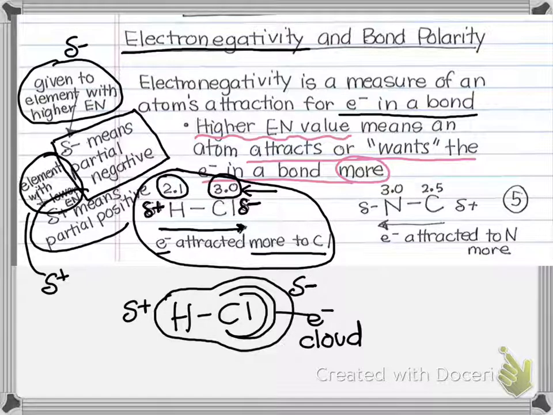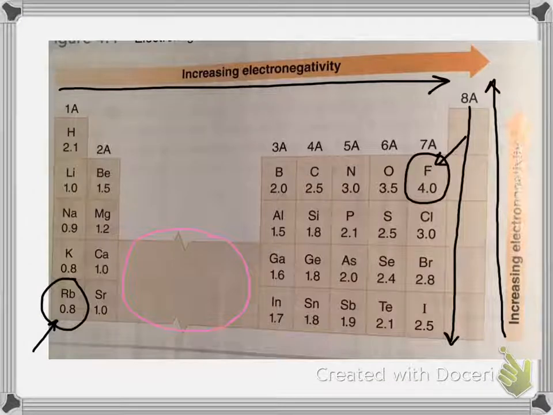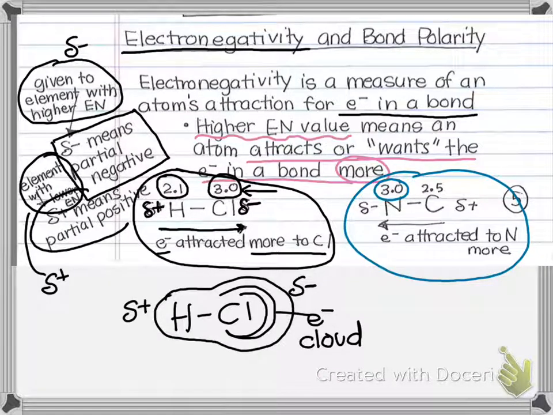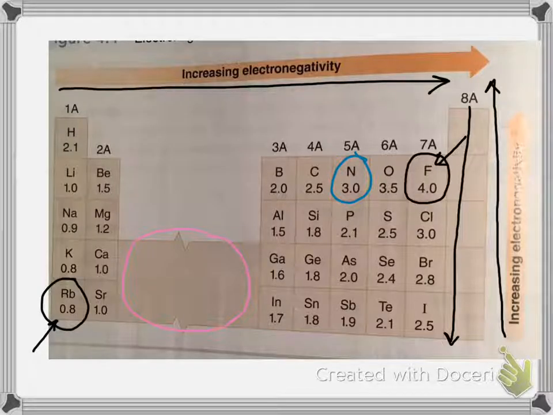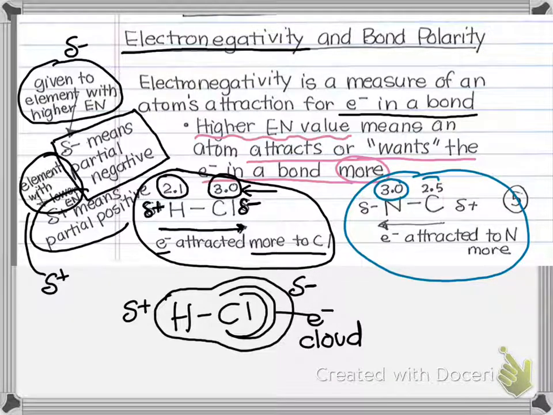So here's another example. Let's take a look at it. Again, looking up the electronegativities on the table, and let me just show you. So N is 3.0 and carbon is 2.5. That's where those numbers are coming from.